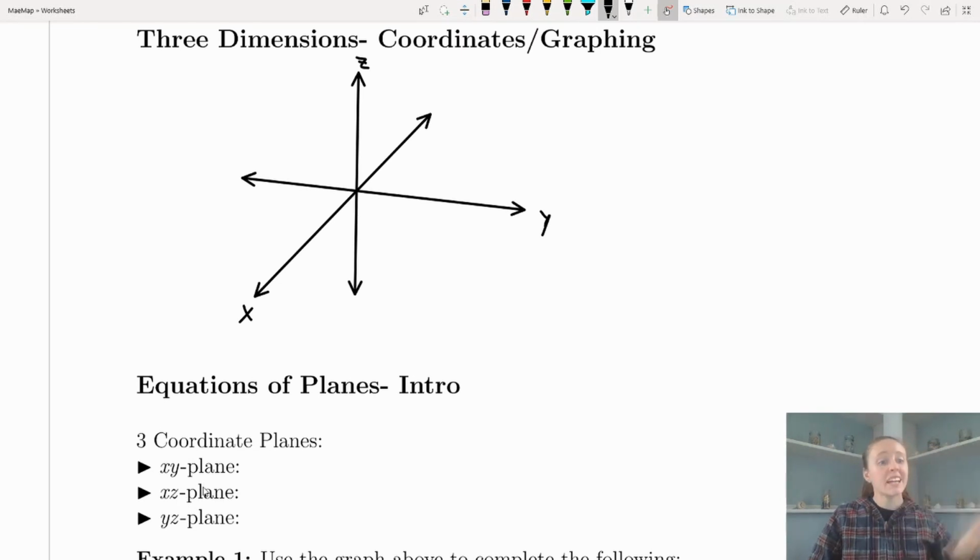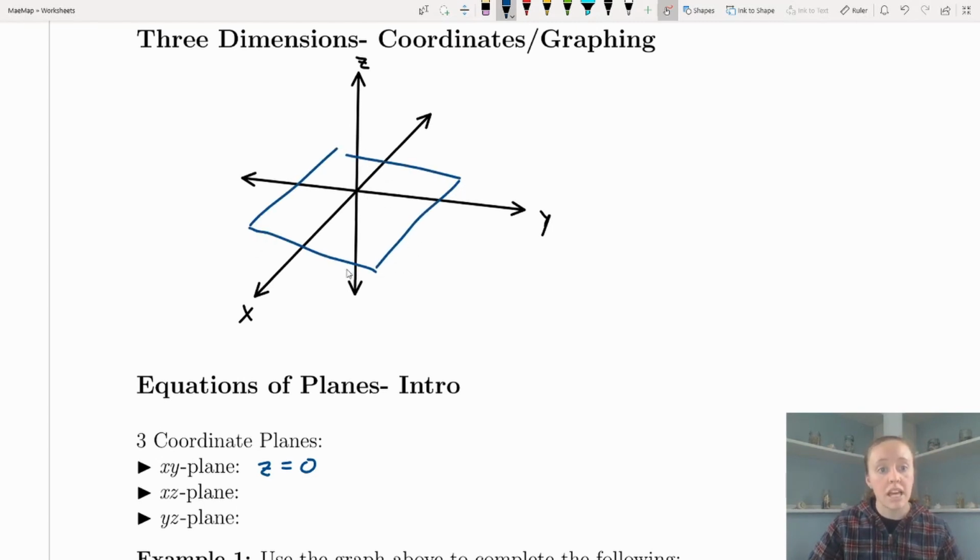Now, for the XY plane, we've been working with that a lot. When we were working with that XY plane, Z was 0. So the XY plane, a simple equation is Z equals 0. And you can see when Z is 0, we're dealing with the XY plane. Now the XZ plane is, well, if we only have X and Z values, that means that our Y has to be equal to 0.